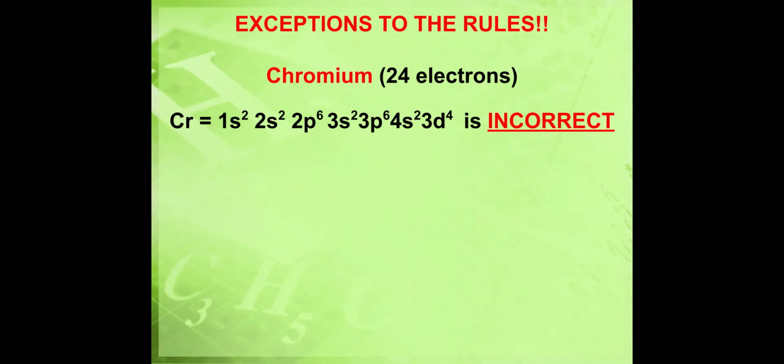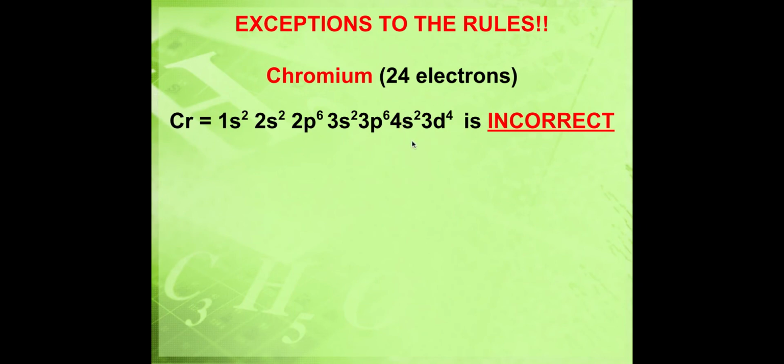When we talk of half full, we're talking about the capacity of the orbital. So if the orbital can take 10 electrons, half full will mean 5. If an orbital can take 2 electrons, half full will mean half of 2, which is 1. So the D is incompletely filled, while the S here is full.